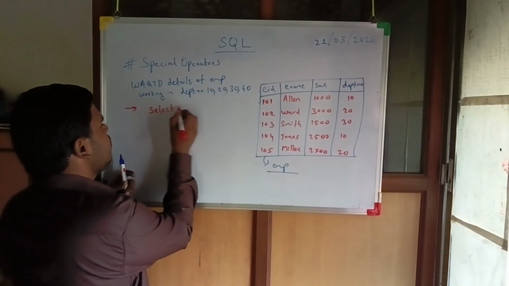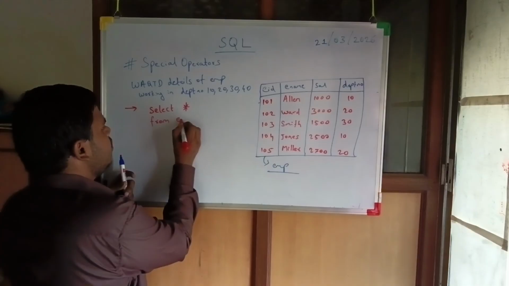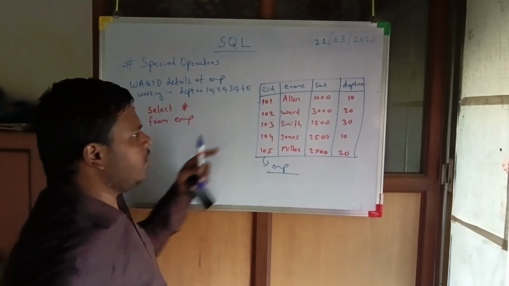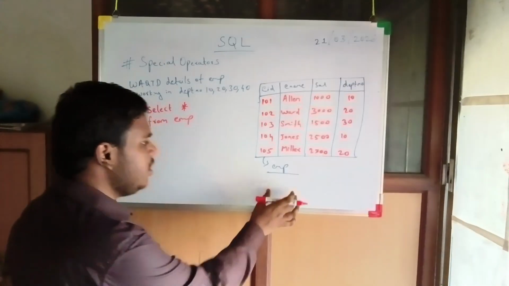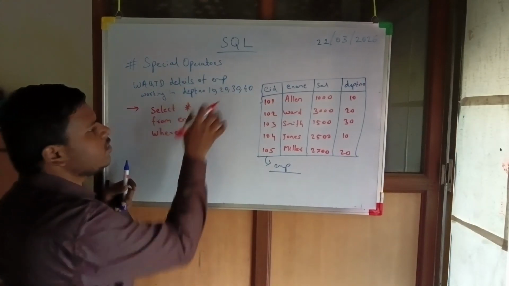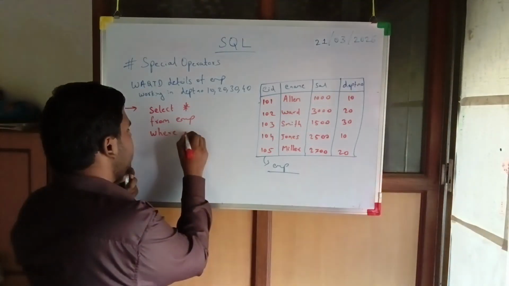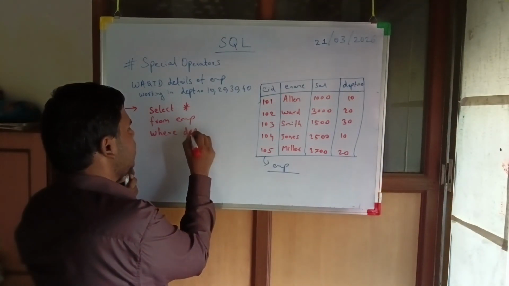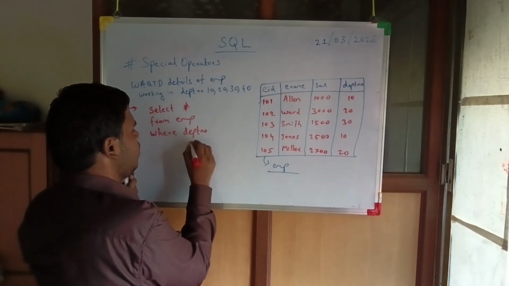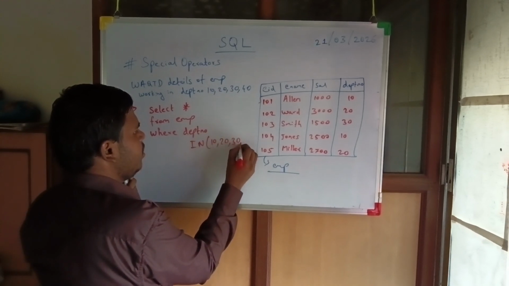SELECT asterisk FROM EMP, because I want to display the entire details from the EMP table. Then WHERE, which column? The department number column is the condition. So WHERE DEPTNO IN (10, 20, 30, 40).